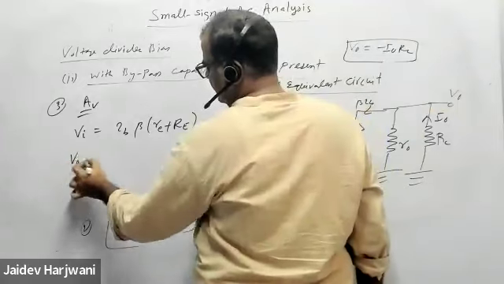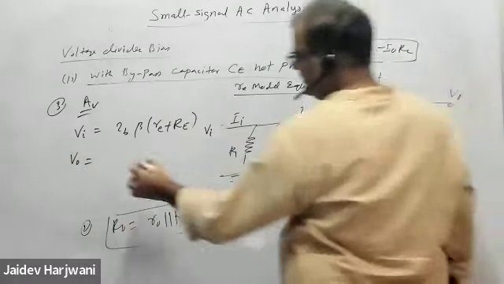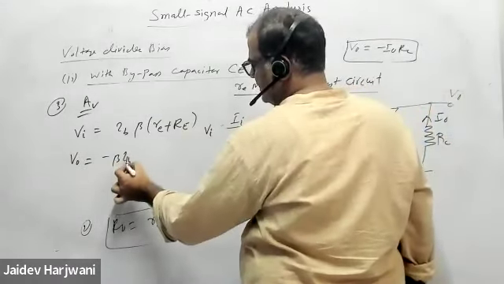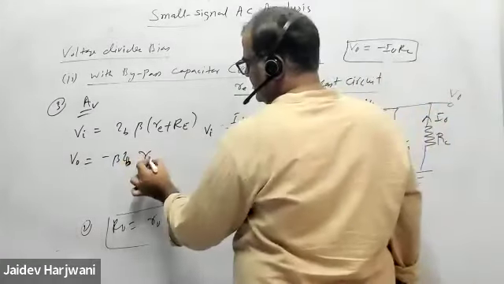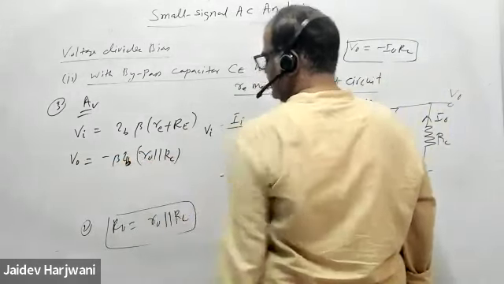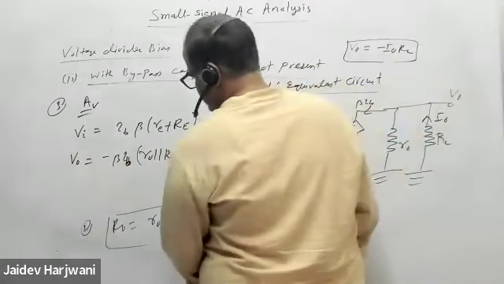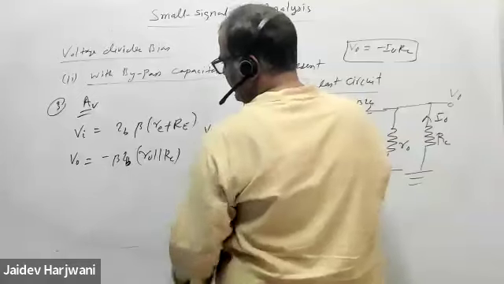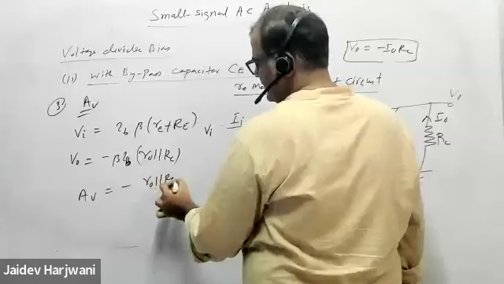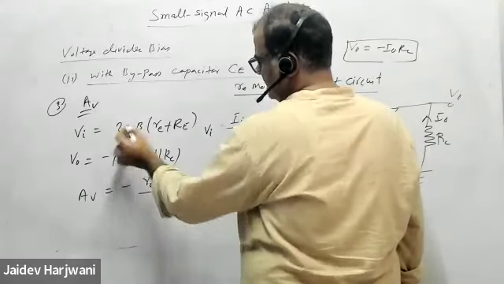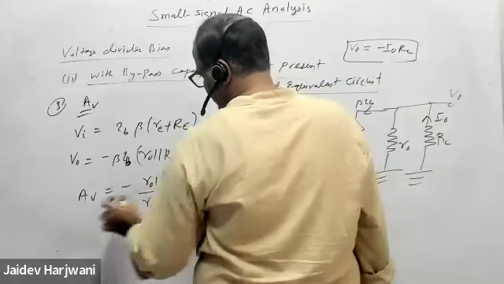V output is minus I naught RC, or total current, minus beta IB into the parallel combination of R naught and RC. So the gain AV will become minus R naught parallel to RC, the IB will cancel out, over beta Re plus Re. Now Re is present because the capacitor was not there.